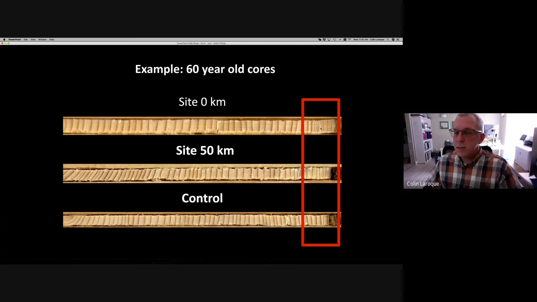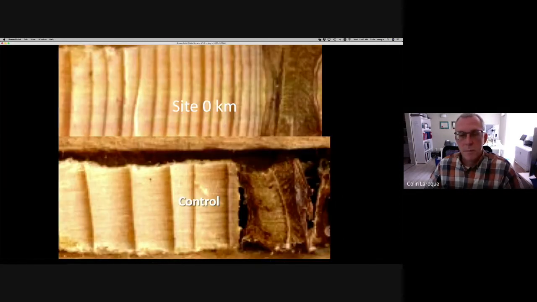And then in that 0 kilometers, really, really tight rings. The trees were just doing very, very poorly and they were getting quite sick. Here you zoom in and you can just get on the exact same scale, you can get a feel for how much more biomass the control was putting on and how few rings were being incorporated at the 0 kilometer site.